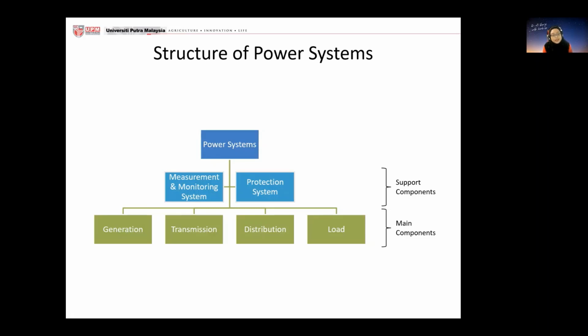You have your protection system, but the main components are actually generation, transmission, distribution, and the load. Load here refers to the users, the customers, you and me. You have your residential, you have commercial users, you have industrial users, and the list goes on and on. But basically, this is how it is structured.